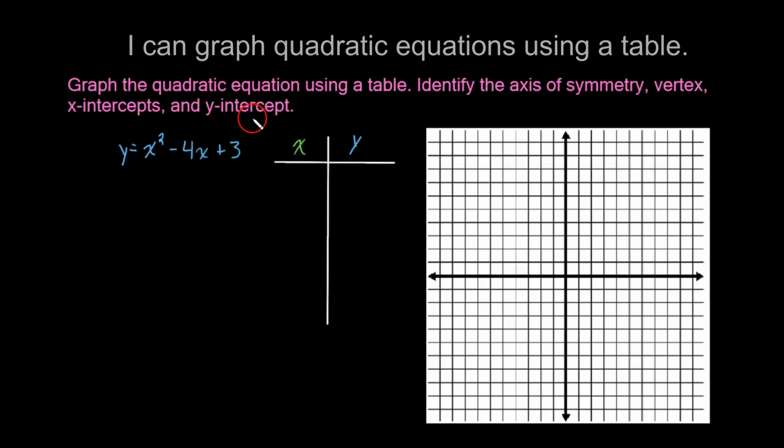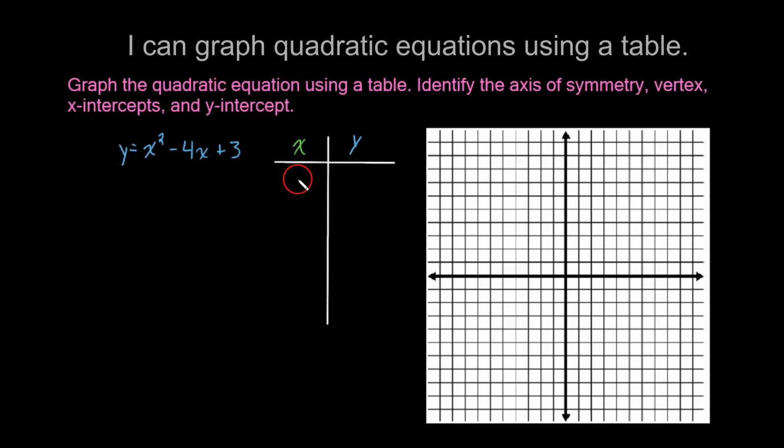So first of all, let's just go ahead and graph this quadratic equation by filling in this table over here. And when we're filling in these tables, we can choose whatever values we want for x. However, it is going to be important that we choose values that are close to the axis of symmetry or close to that vertex, just so that we can graph this quadratic equation appropriately.